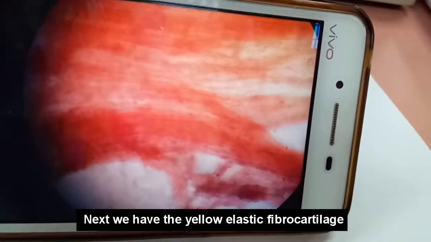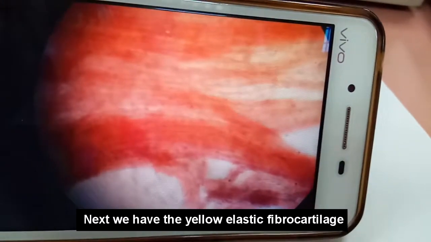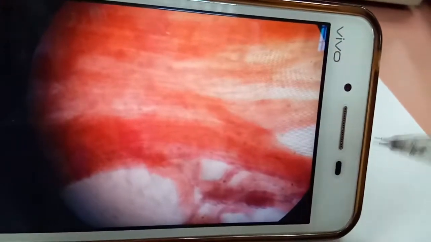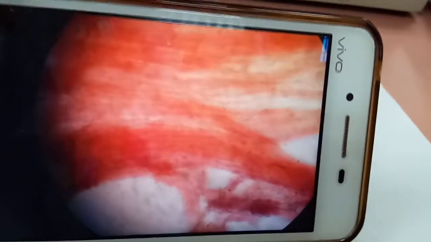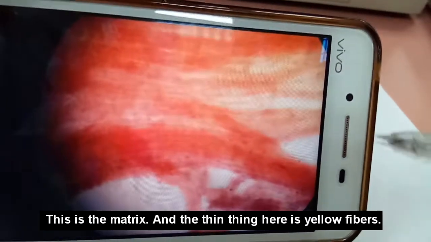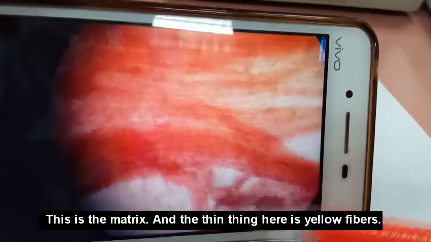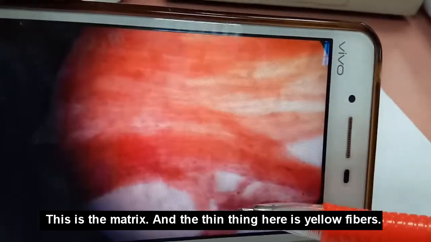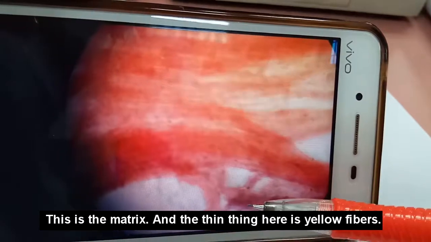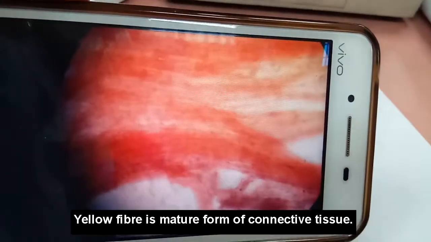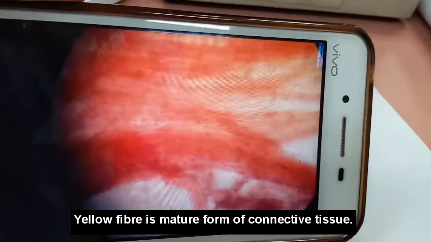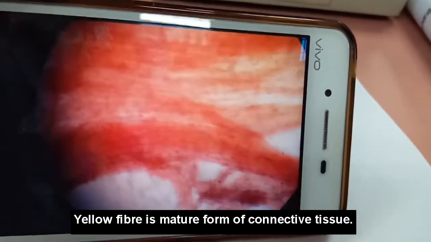Next, we have yellow elastic fibrocartilage. This is the picture after we observe it under the microscope. So this is the matrix, and the thin thing here is the yellow fibers. Yellow fibers are actually the major form of connective tissue.